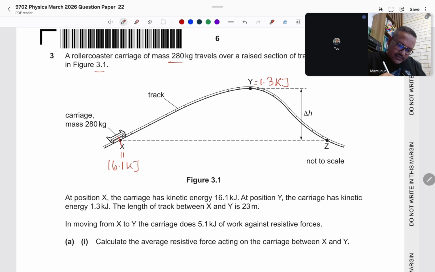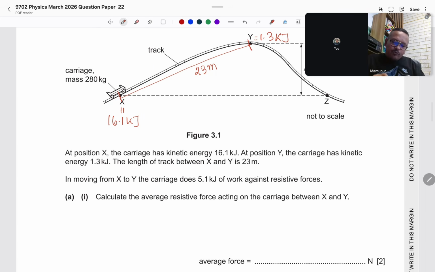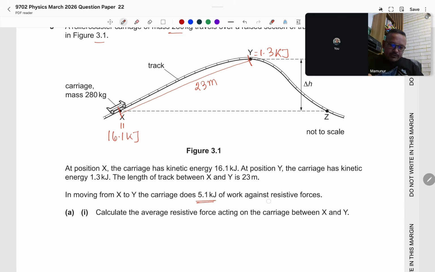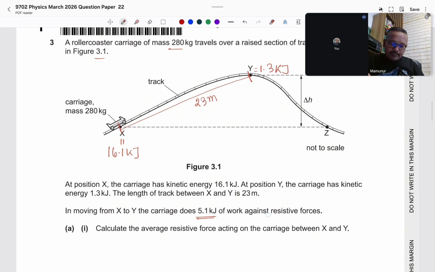It's a straight distance here to here, is 23 meter. In moving from X to Y, the carriage does 5.1 kilojoule of work against resistive force. Okay, this is also loss of energy.